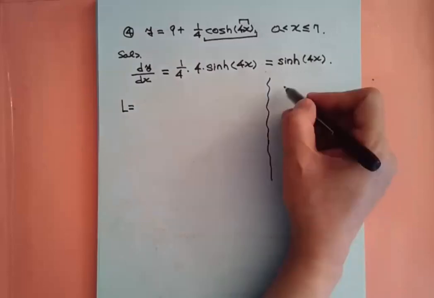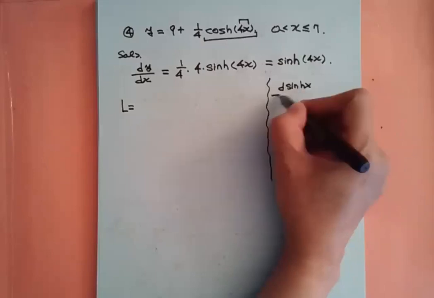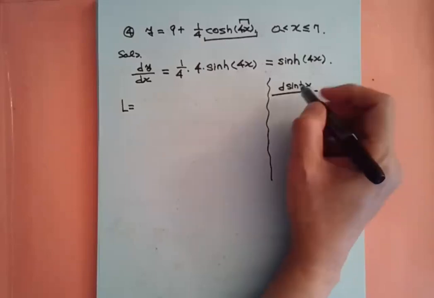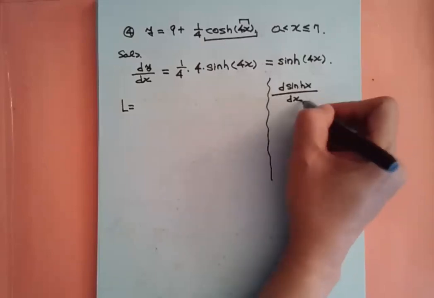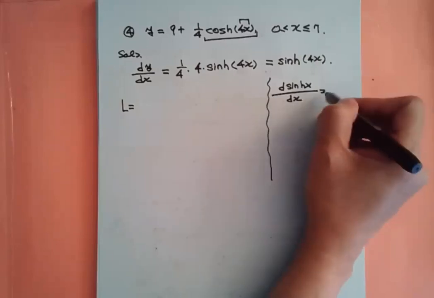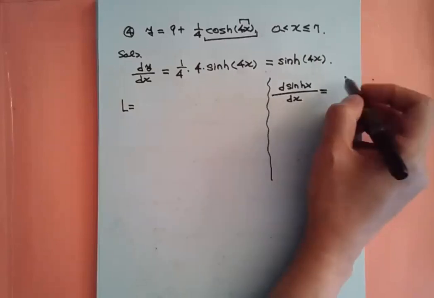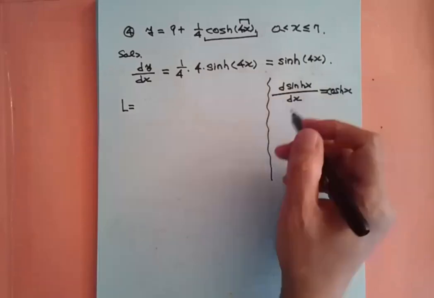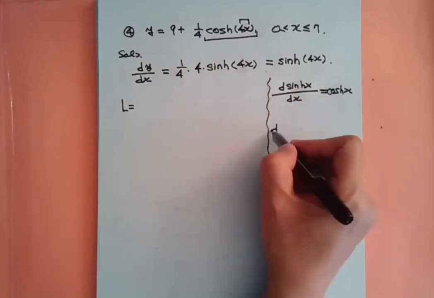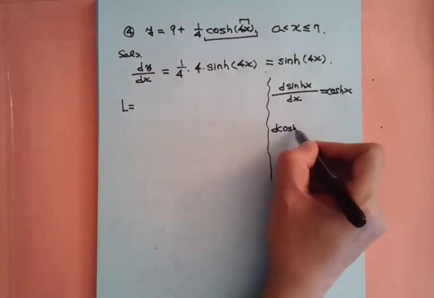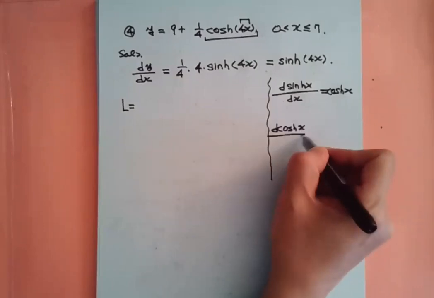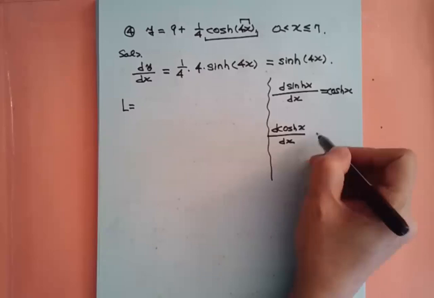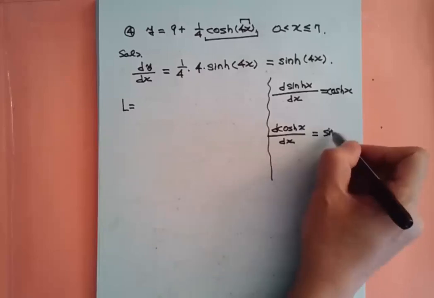So the formula, a little bit confusing, is that the derivative of hyperbolic sine of x becomes hyperbolic cosine of x, and the derivative of hyperbolic cosine of x becomes hyperbolic sine of x.